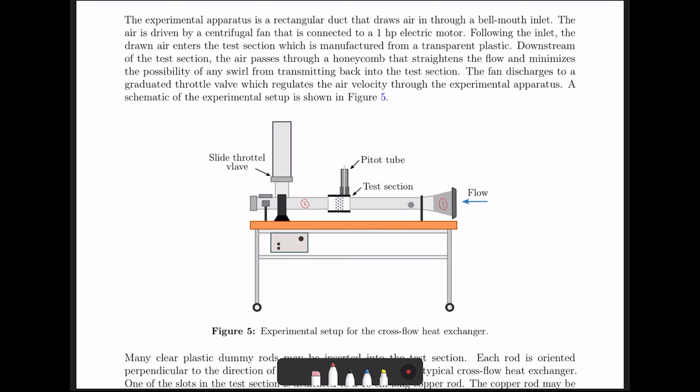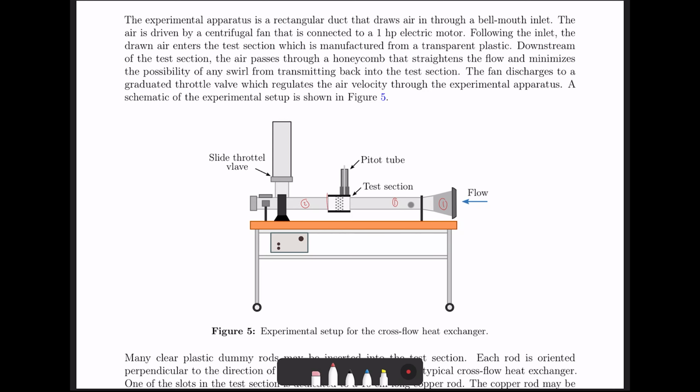What I have here is I've drawn the inlet. That's inlet 1. It may not be right there, it might be here. I don't know because we're not actually in the lab. But it's somewhere upstream of the rods that we have. And then our outlet 2 is going to be downstream of the rods.